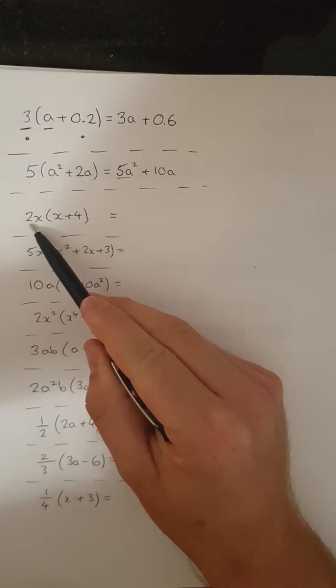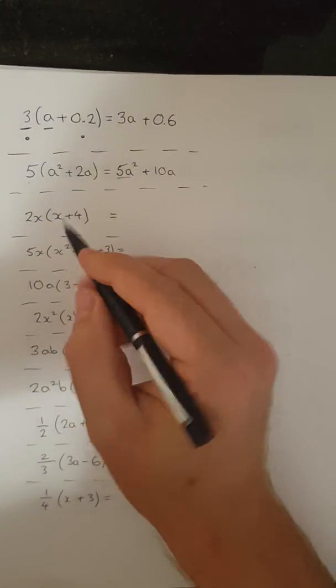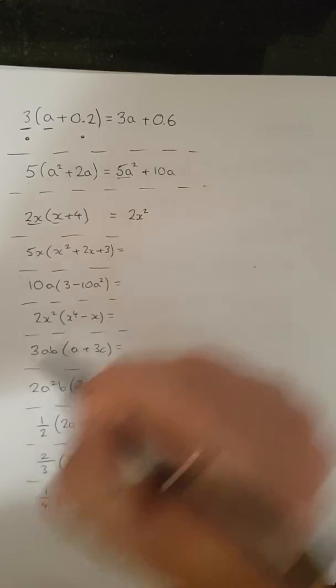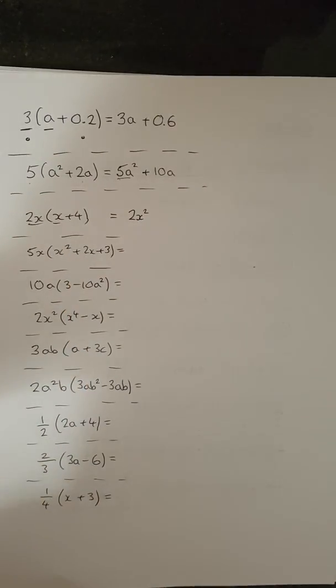Here we go then. 2x times x is 2x squared, because x times x gives me x squared.